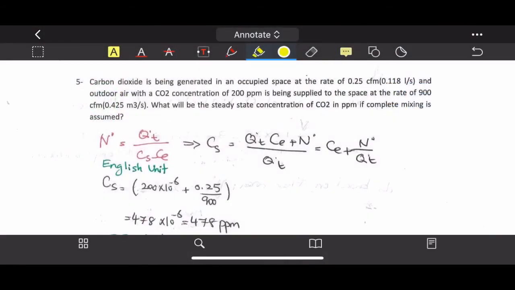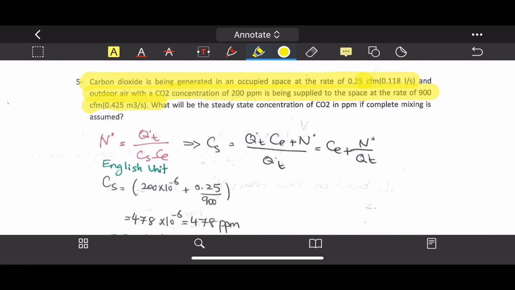Last question, number 5. Carbon dioxide is being generated in an occupied space at the rate of 0.25 cubic feet per minute, or in SI unit 0.118 liter per second. Outdoor air with a CO2 concentration of 200 ppm is being supplied to the space at the rate of 900 CFM, or 0.425 meter cube per second.